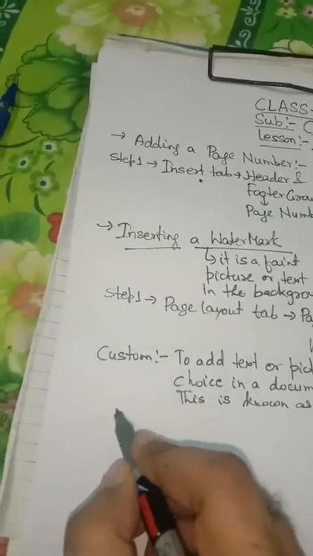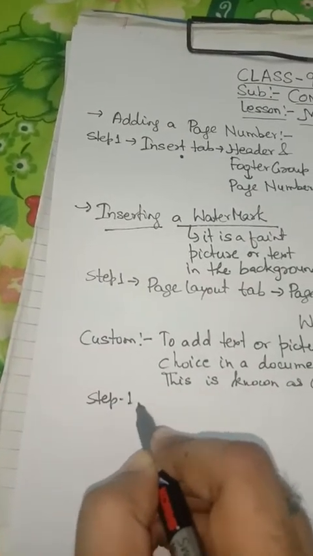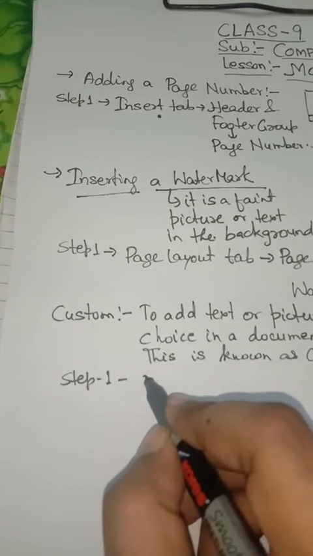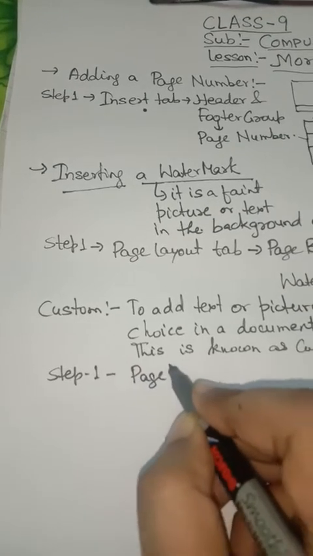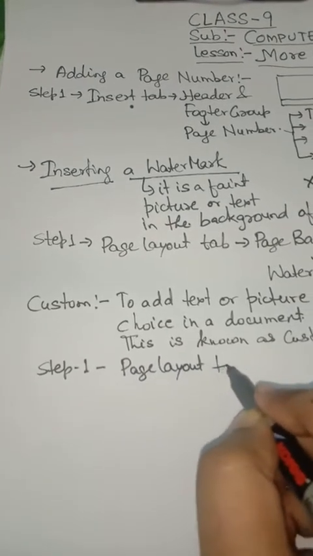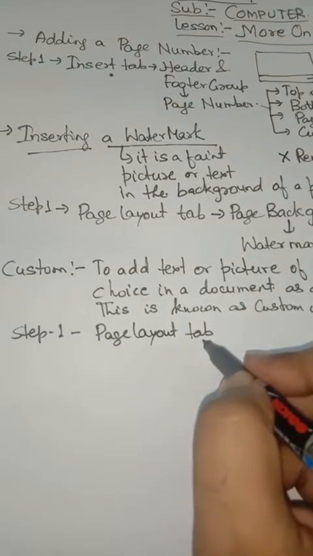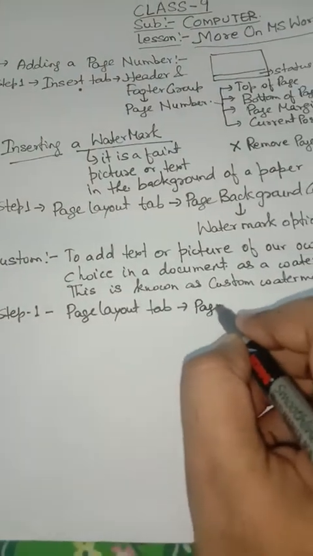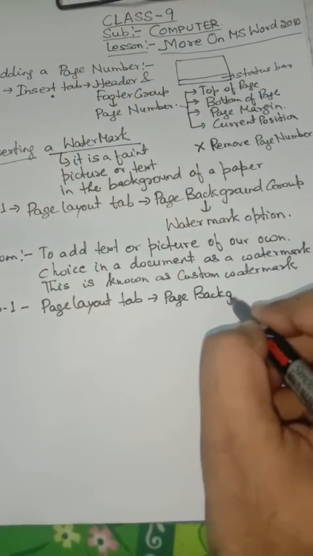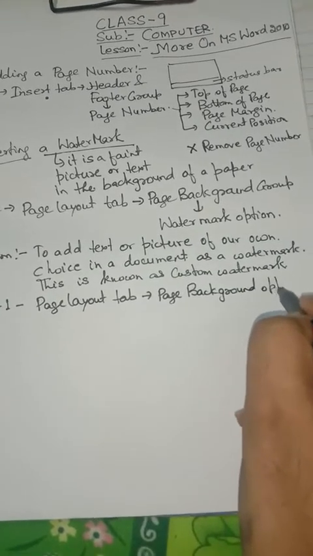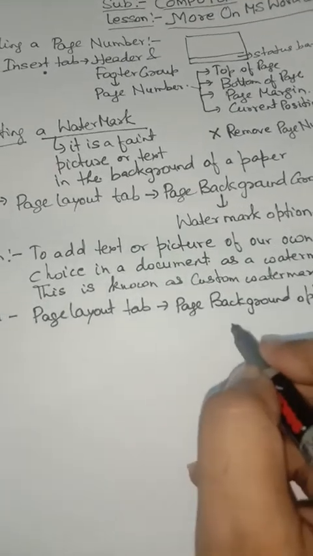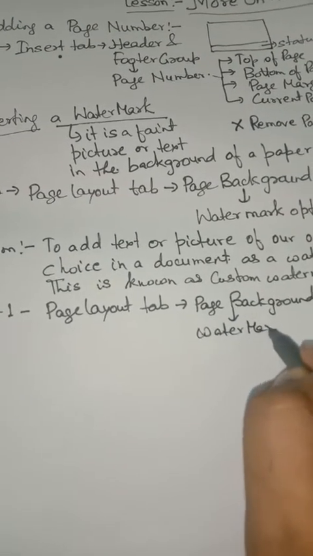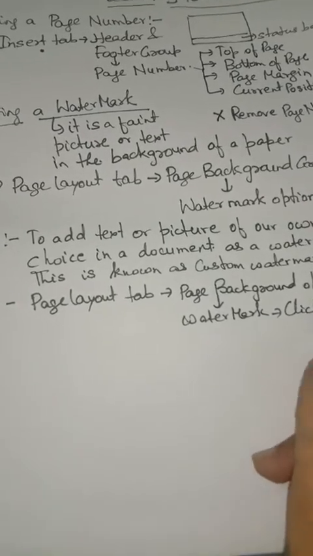Step 1: move to the page layout tab, left click on the page layout tab, then move to the page background option, and from the page background option click on the watermark.